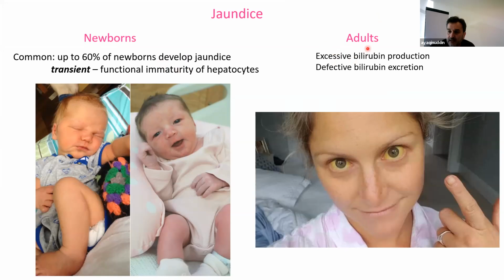In adults, on the other hand, the two major causes of jaundice are either excessive bilirubin production, which is because of excessive damage to the RBCs, because that's the major source of bilirubin production, or defective bilirubin excretion. Either it cannot get conjugated, or it's not secreted from the hepatocytes into the bile, or there is an obstruction to the biliary apparatus.